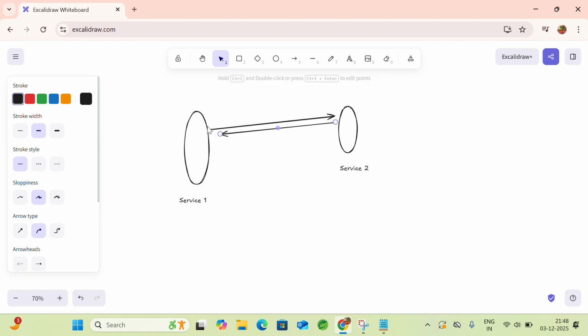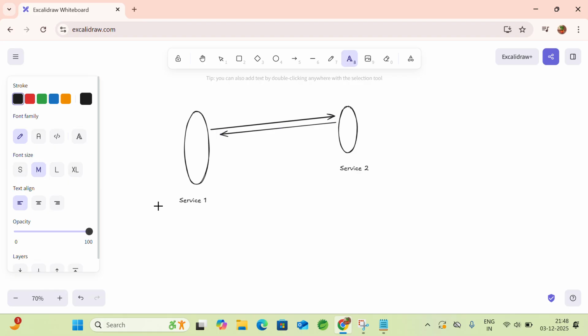But in the first attempt, we are not getting any response back. In the second attempt as well, no results. In the third attempt as well, no results.